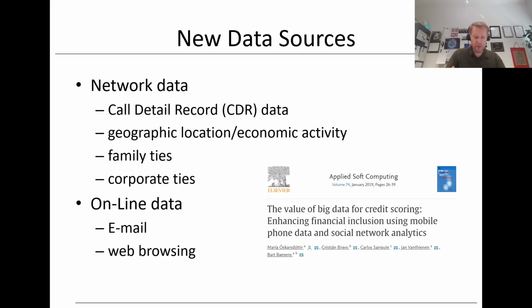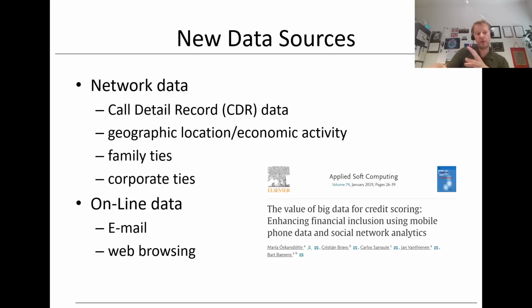Network data could also be constructed based upon geographic ties, right? Who lives near whom. For example, in Belgium, it is well known that if we do a geographical analysis, in certain regions you see more defaulters than in other regions. So geographic location can also reveal very interesting information in terms of default risk.